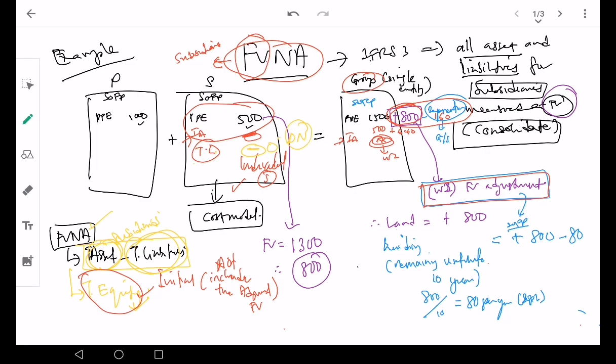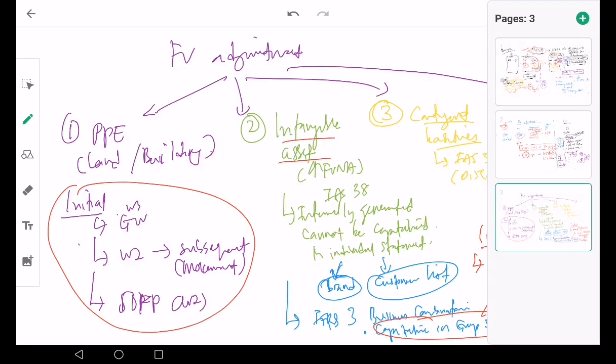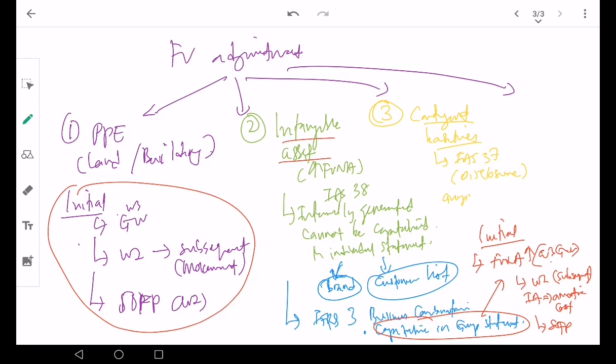However, when it comes to a group statement, you are allowed to recognize the contingent liabilities under liabilities. How to get the figure is the same step, class. The group measures at fair value if the amount can be reliably measured, so you can recognize it in the group statement as a liability.